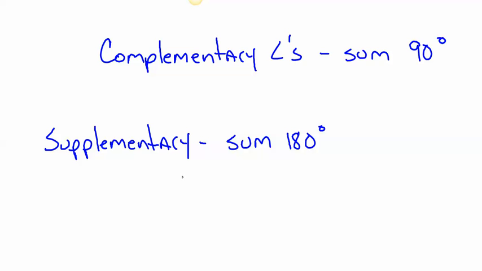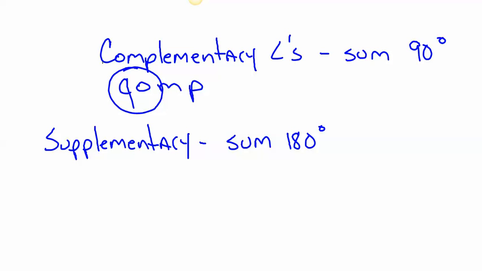If you have a hard time remembering that complementary angles sum to 90 and supplementary angles sum to 180, then take complementary, how you write it, and just turn the C into a 9. And what does that show you? It makes a 90.